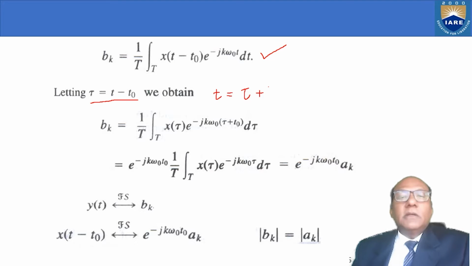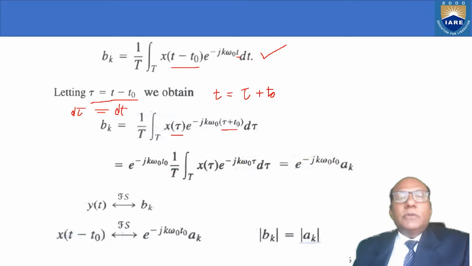So in place of t minus t naught, substitute tau here, and in place of t here, you have to substitute tau plus t naught. Then if I differentiate this equation, d tau equals dt, because t naught is constant.